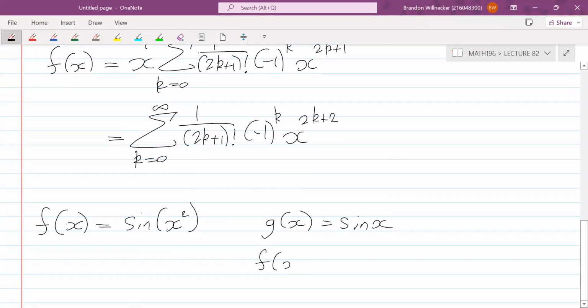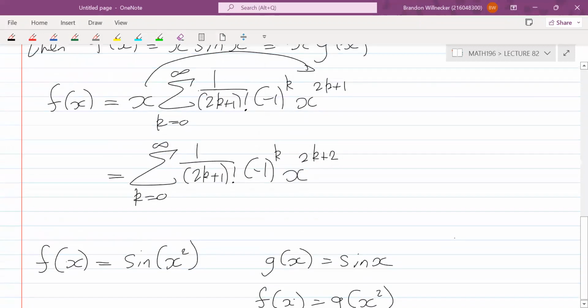Then f is just going to be g of x squared. Okay, so we already have the series expansion for g. So if we substitute x squared, what do we get in that case?